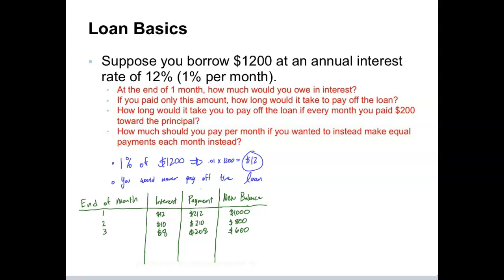I'm going to pay down $200 of principal each month, and the amount of interest I have to pay will get lower every month because my balance is getting lower. So this will be at 0 at the end of month 6, and the answer to this is 6 months.